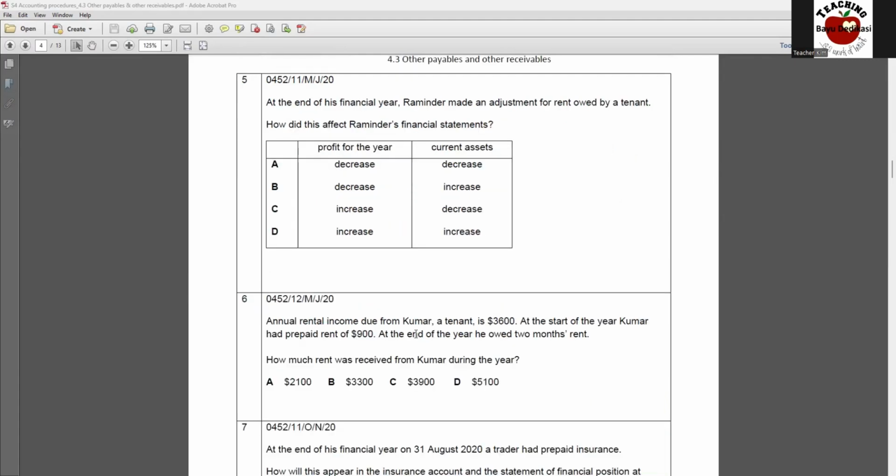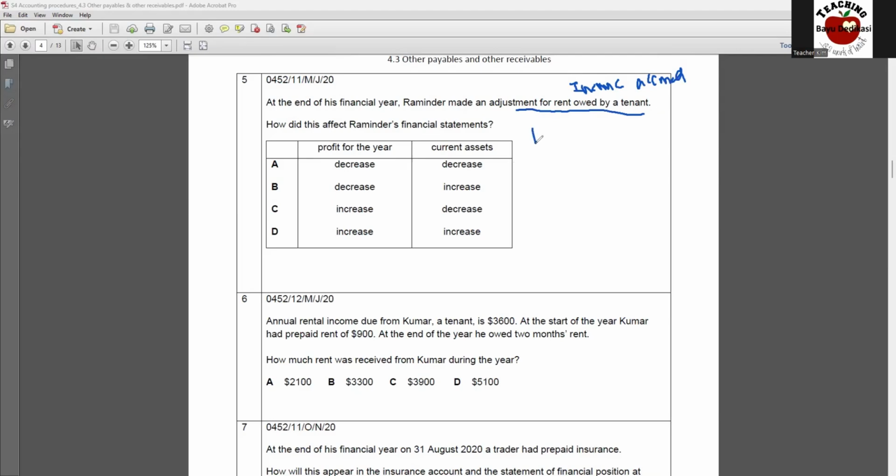Question number 5. At the end of his financial year, Raminder made an adjustment for the rent owed by a tenant. How did this affect Raminder's financial statement? So an adjustment for rent owed by a tenant means this is an income accrued or income owing.